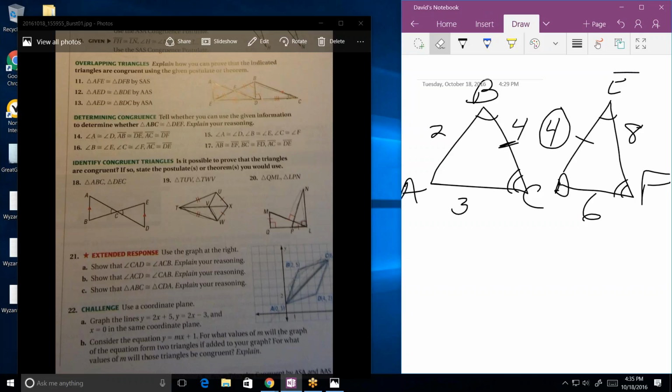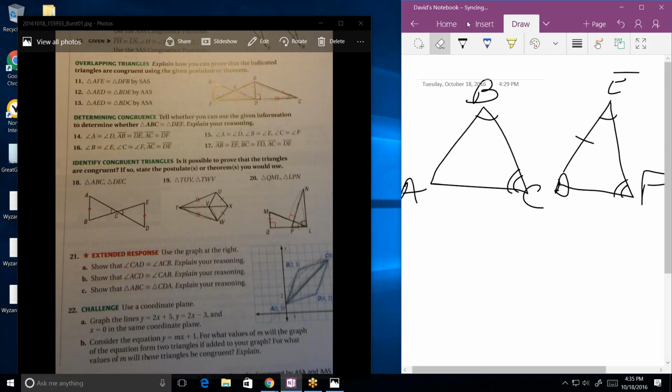Still bothers me a little bit. I'd like to give that a little more thought, but we won't. Oh, it bothers me too. It doesn't seem like it should be. No, because in other words, you want the same side, right? If you take everything off, we have angle, angle, side. What I would really like the side to be the same is this one.